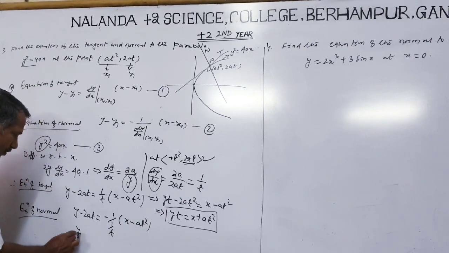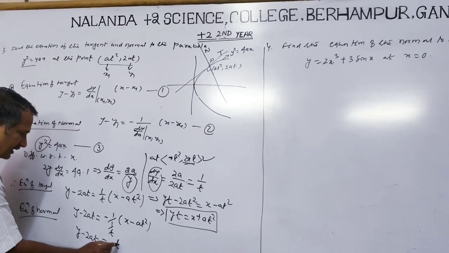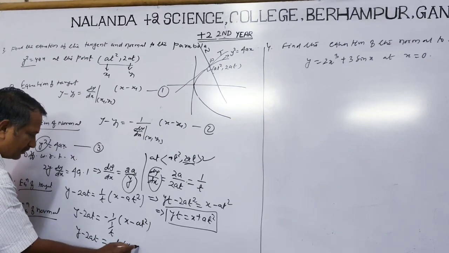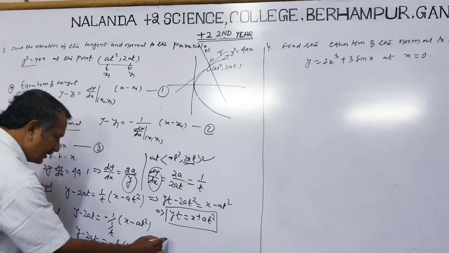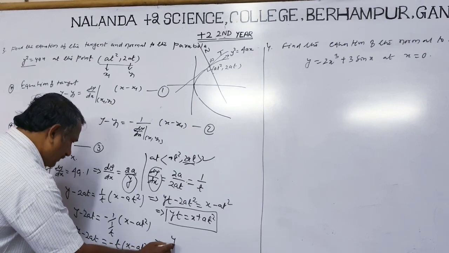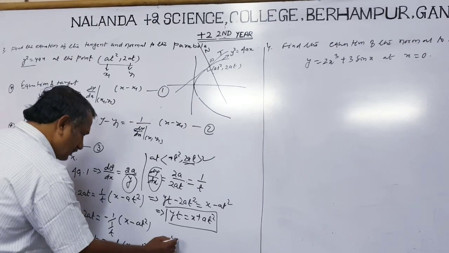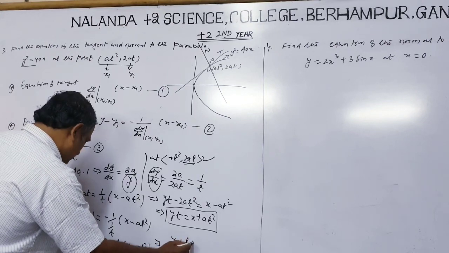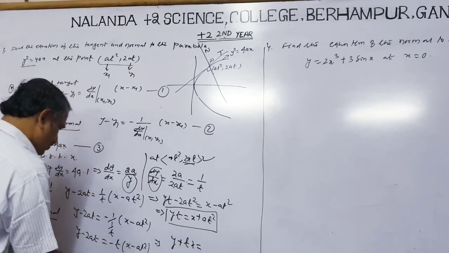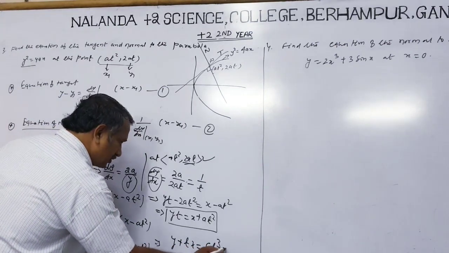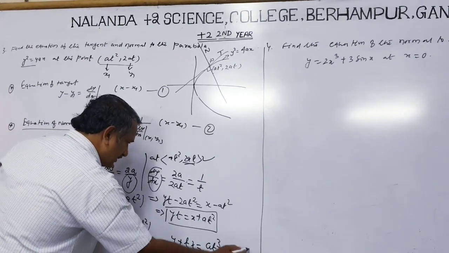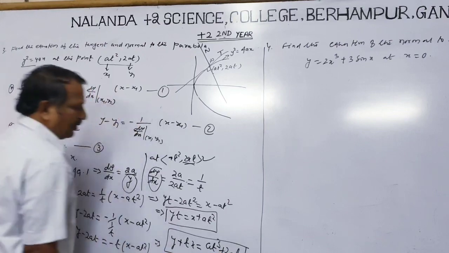Or y minus 2at equals minus t into x minus at square. Or you can write y plus tx equal to at cube plus 2at. Now this is the equation of normal.